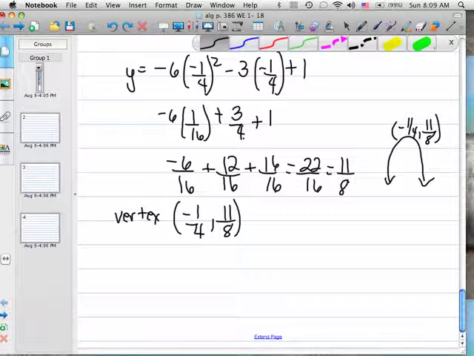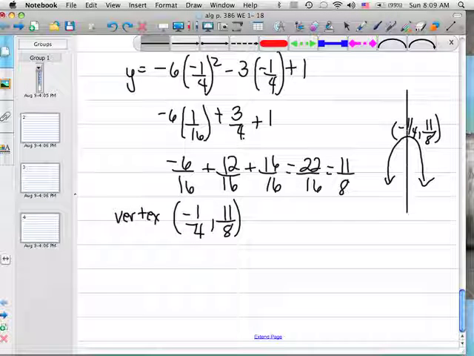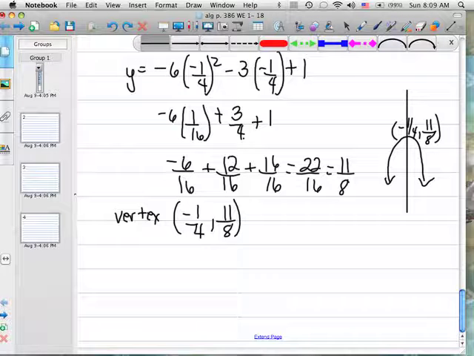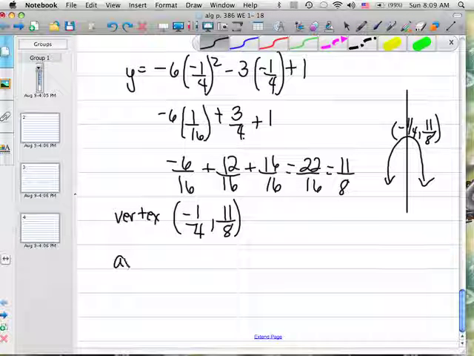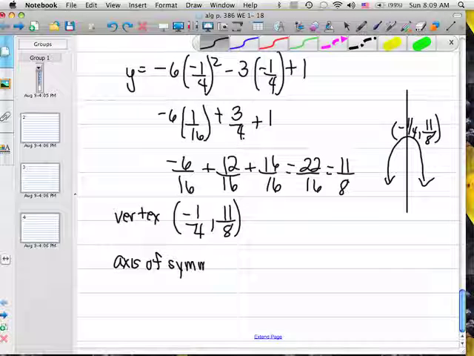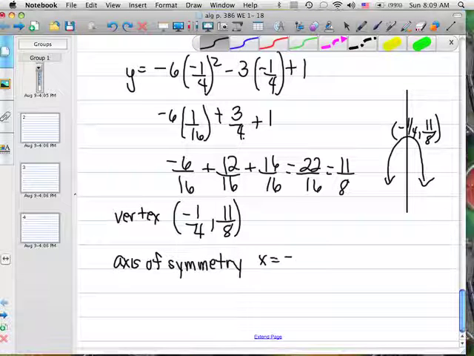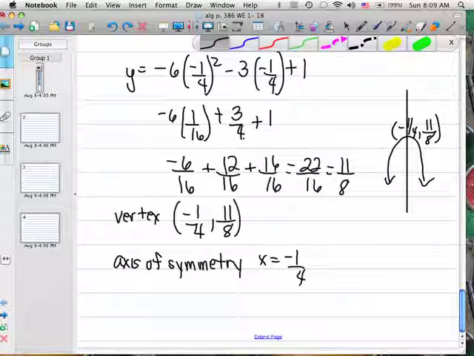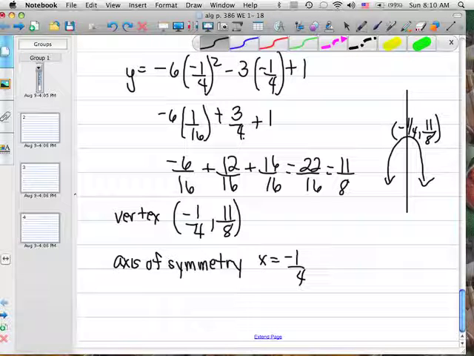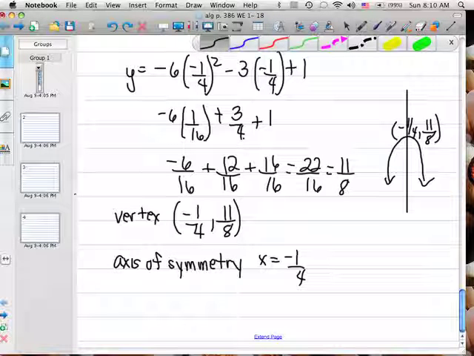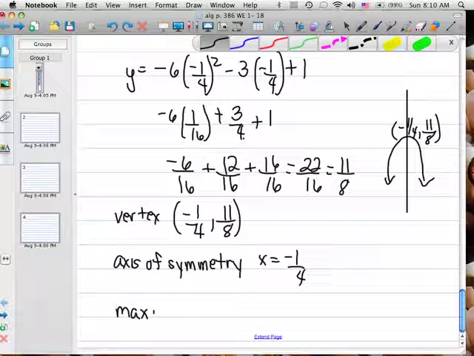The axis of symmetry goes right through where x is negative 1/4, so my axis of symmetry is x equals negative 1/4. And since it opens down, it has a maximum value of 11/8 for y.